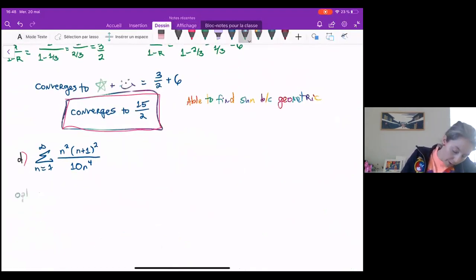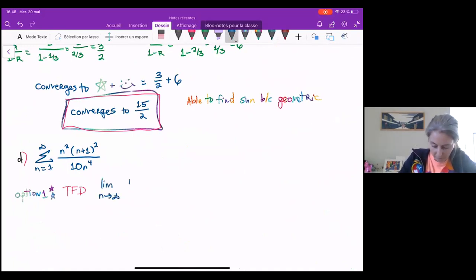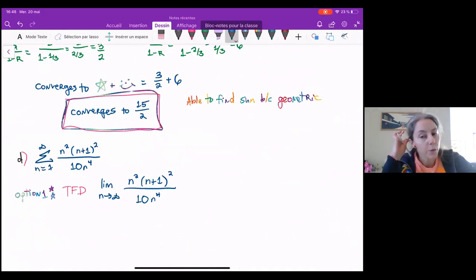We're going to look at option 1, the test for divergence, which tells me to just apply that limit. Okay, how do I do a limit like this? So it's infinity over infinity.